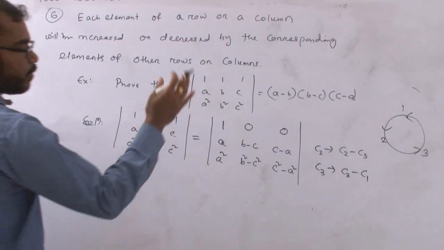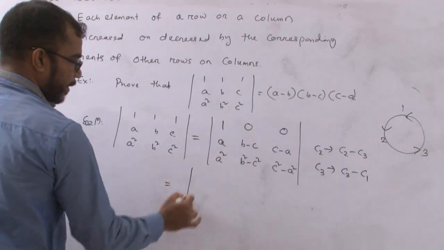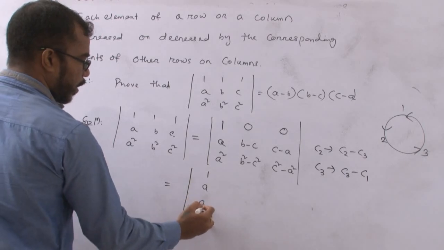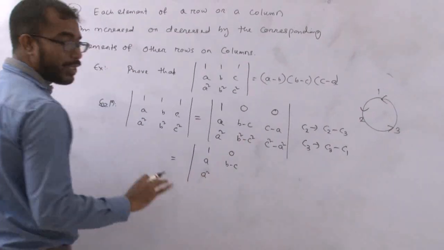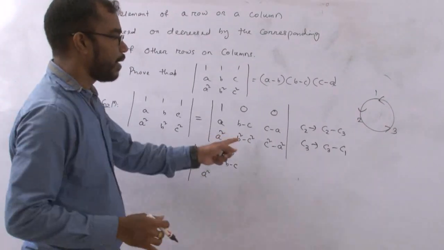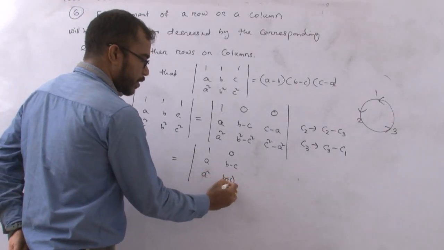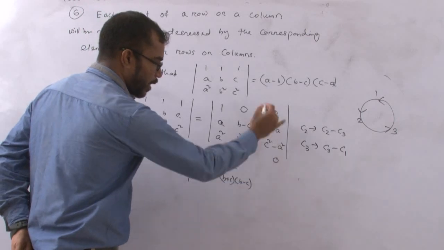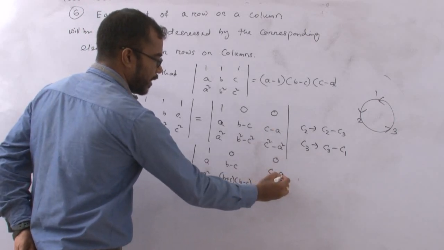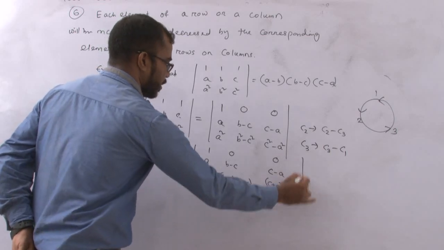So we have applied property number 6. Now we get 1, a, a square; 0, b minus c, and using the formula, b square minus c square is b plus c into b minus c. Similarly, in the third column we get 0, c minus a, and c plus a into c minus a.